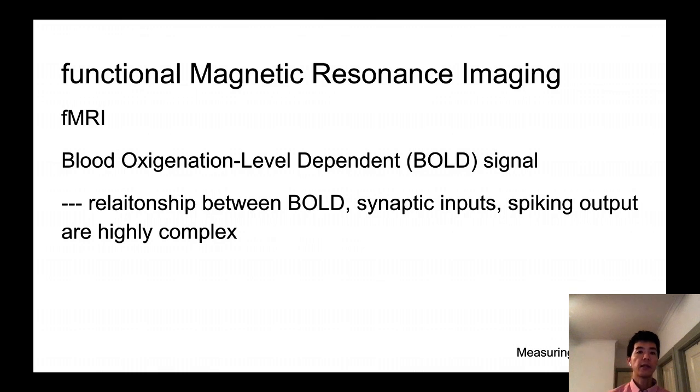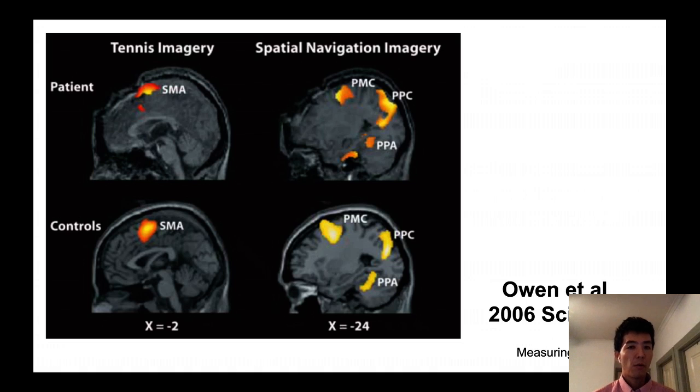As I said, the relationship between the BOLD signal and synaptic inputs and spiking outputs from the area is highly complex, and it most likely depends on each area of the brain to some extent. When I presented this image last week, this is one of the most groundbreaking studies in the last 20 years.